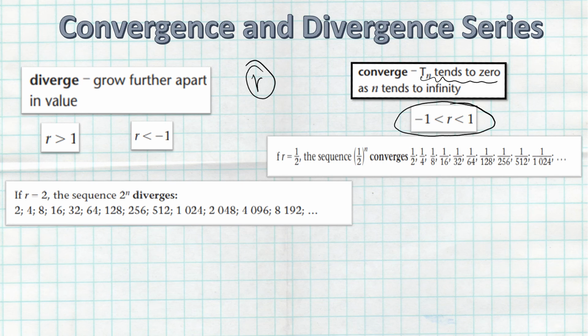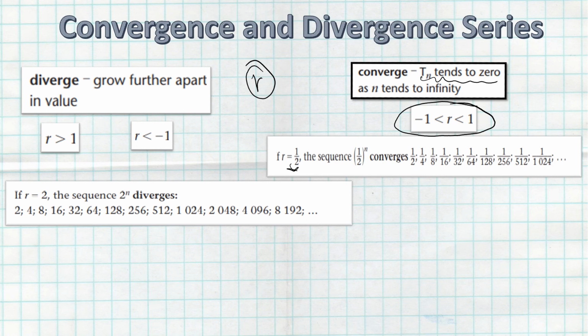What does it mean? Let's come to the understanding part, not just memorizing that if it's between minus 1 and 1, it's convergent. For understanding, this means that if your r is in that interval, minus 1 to 1, mostly it's a fraction like 1 over 2.